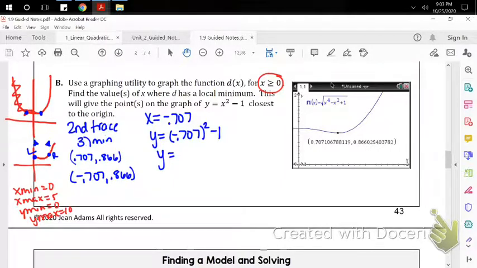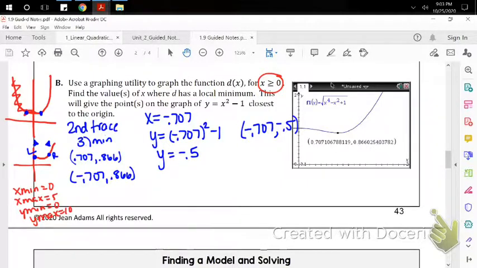And we got negative 0.5. So that means that the ordered pair negative 0.707, comma, negative 0.5, is one of the closest points to the origin.